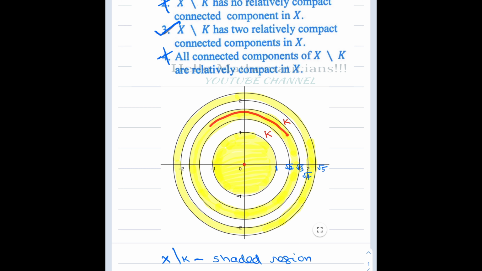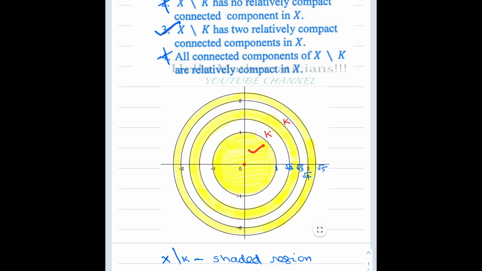Similarly, this region doesn't contain these two circles, but when you take the closure in X, these two circles are also included along with this yellow color region, so you get this region also compact.